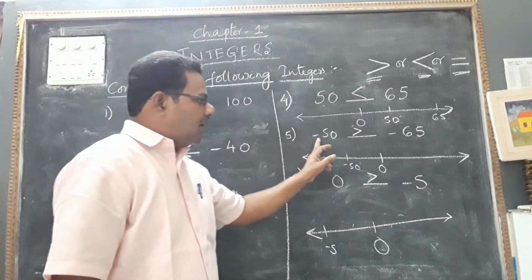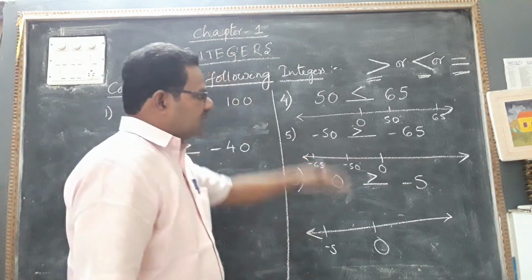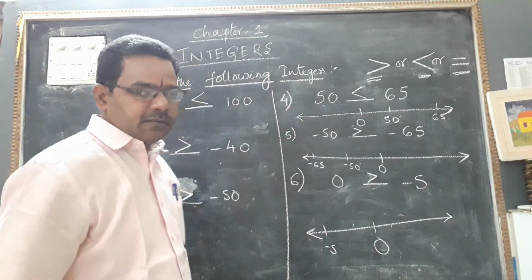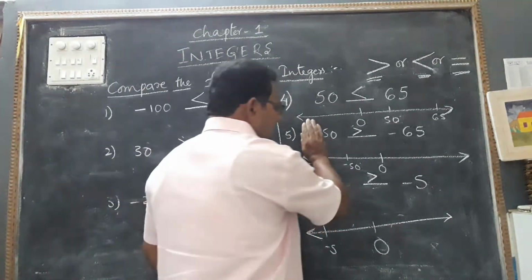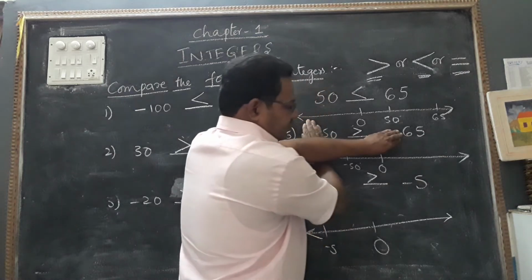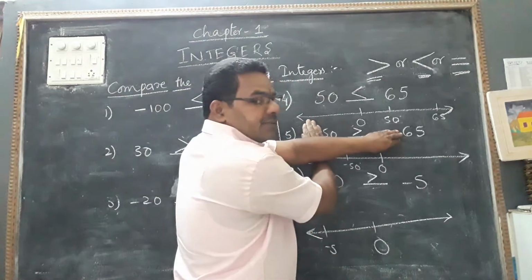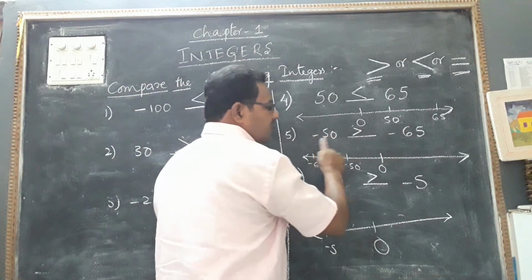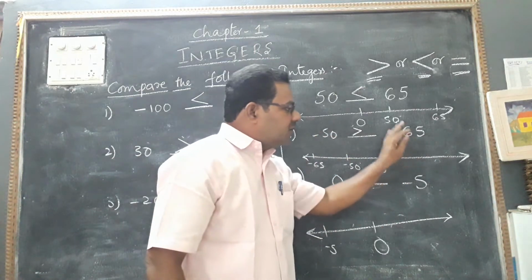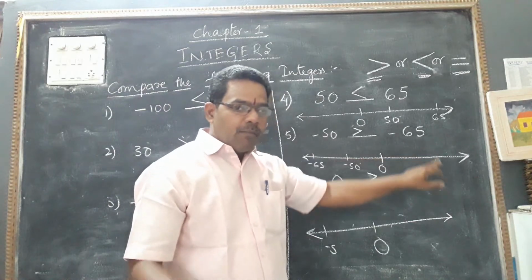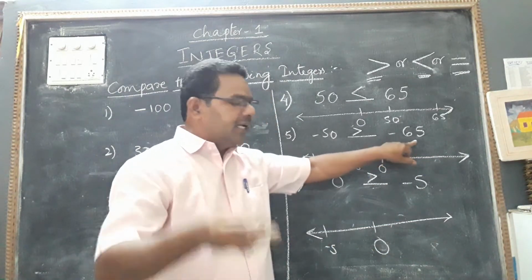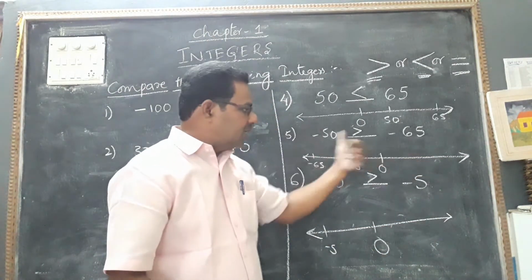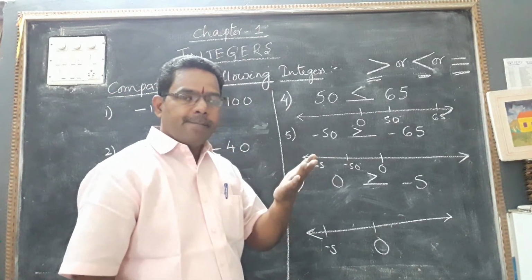Okay. Minus 50 and minus 65. The same thing with changed symbols. If you compare these two, 65 is bigger and 50 is smaller. So I remove the minus symbols. Now if I show you the minus symbols, originally 65 is bigger, but if I keep the negative symbol, it is the smaller, and this will become the bigger.